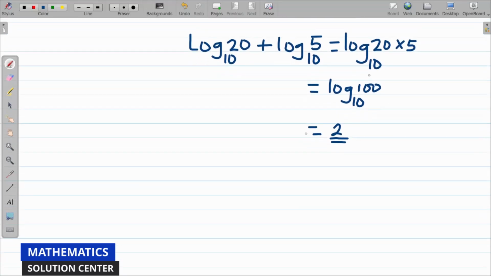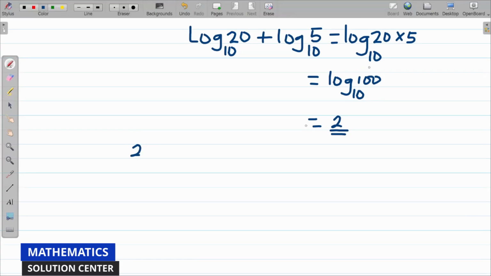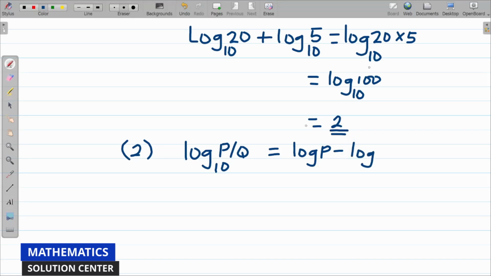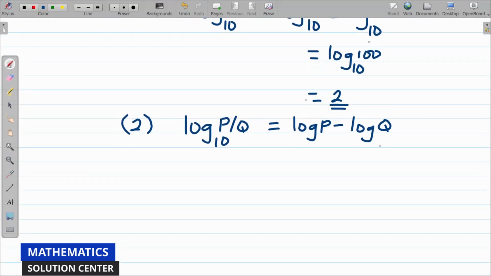Now we go to law number 2, which is the quotient law. If I have log p divided by q in base 10, or any base, this is going to be equal to log p minus log q. It still follows the same principle we used the other time.